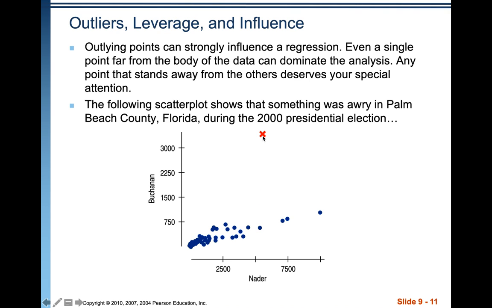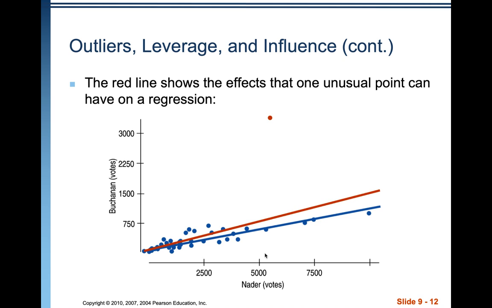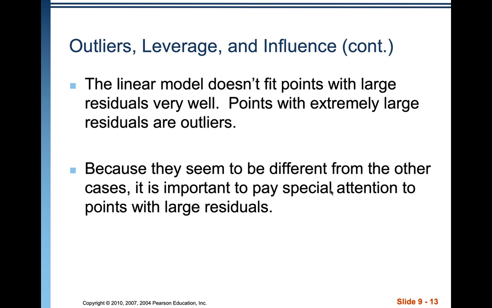And in this one observation for Palm Beach County, there are many, many more votes for Buchanan than would be predicted given the number of votes for Nader. The blue line is the regression line once the weird point is removed, and the red line is the one that includes the point for Palm Beach County. You can see that it has a considerable influence on the slope of the line.